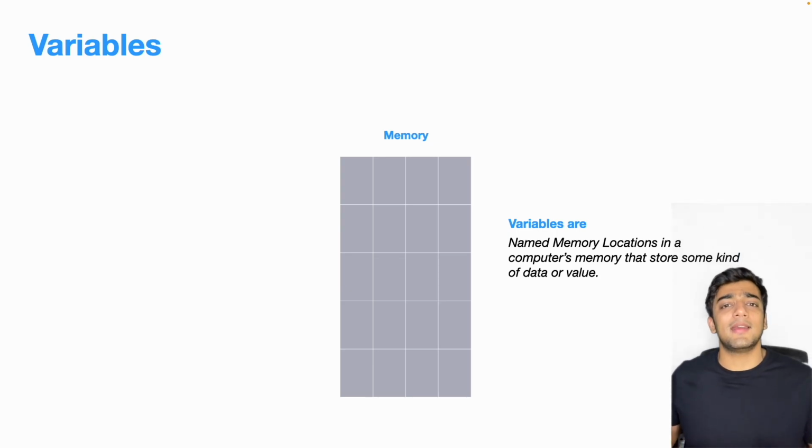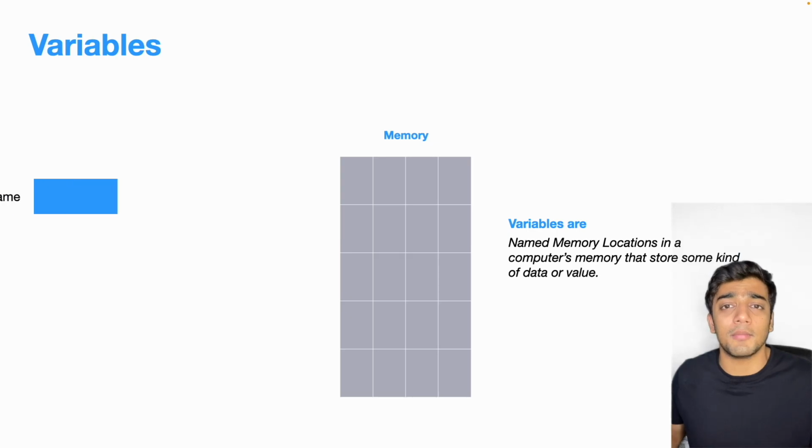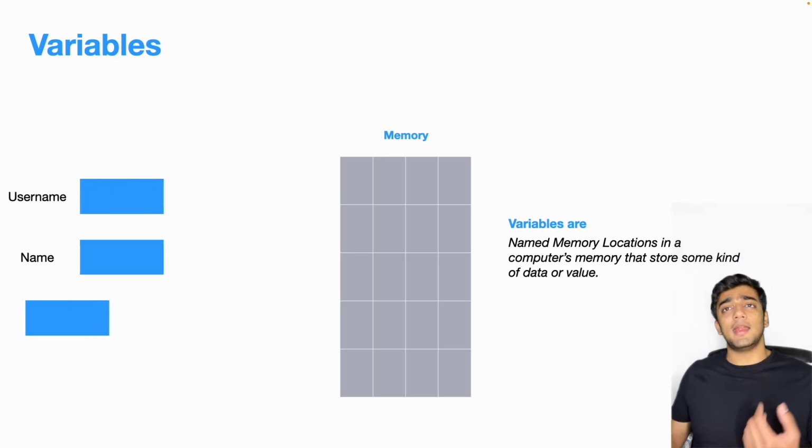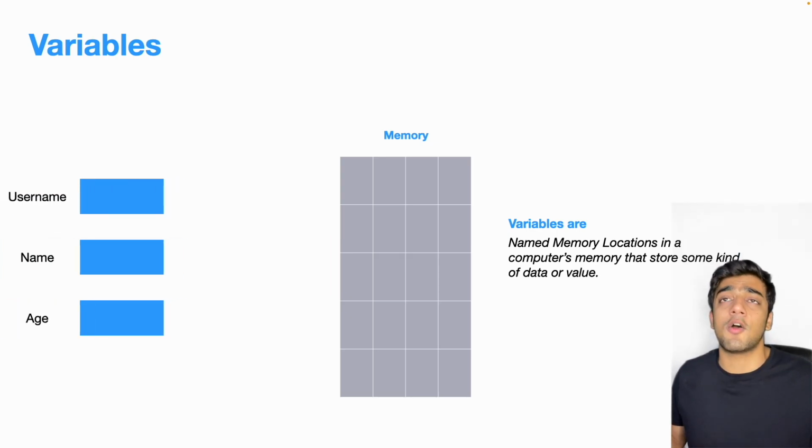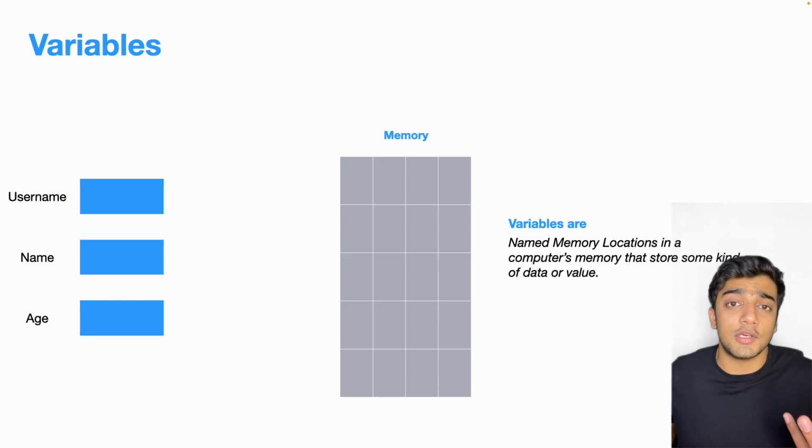Let's go ahead and create some of our own variables and see how they are stored in our computer's memory. We're going to create three different variables called username, name, and age. Let's say that we're building an online shopping website where we need to store the user's username, the user's name, and the user's age.